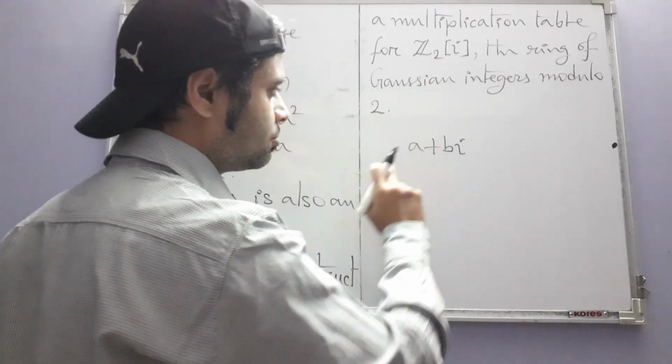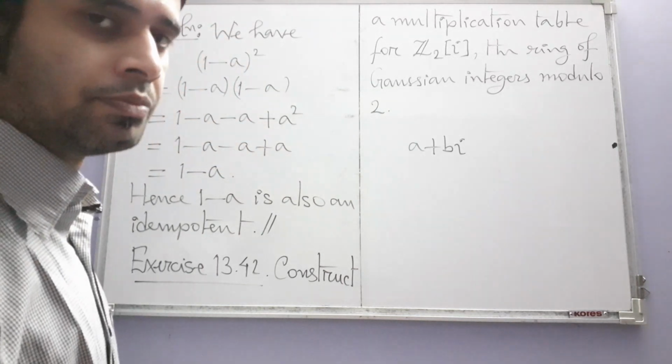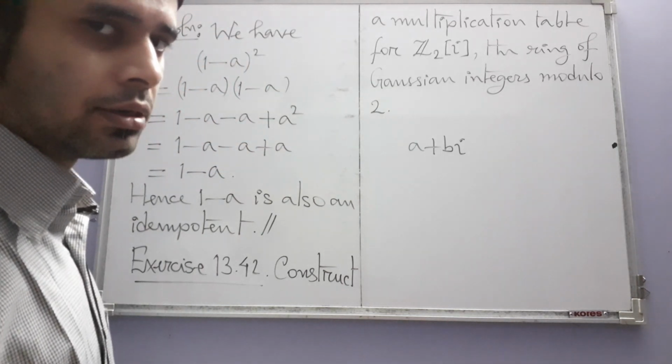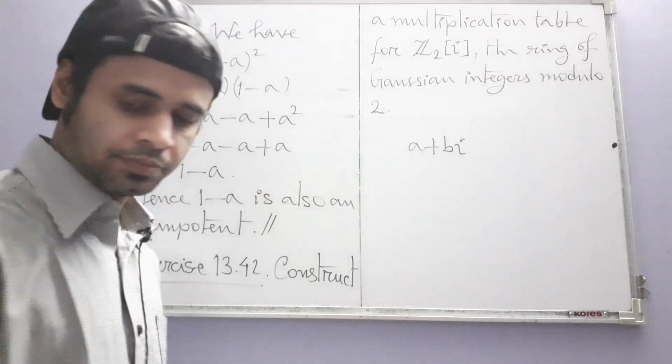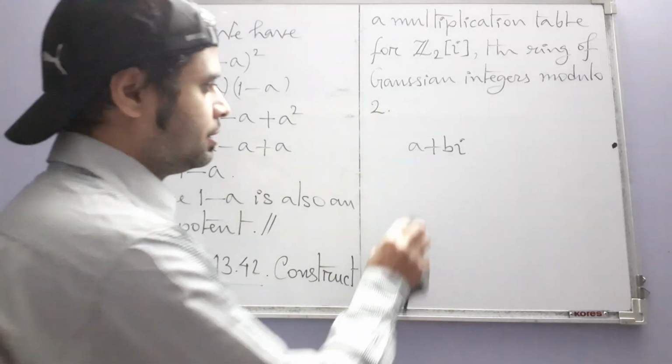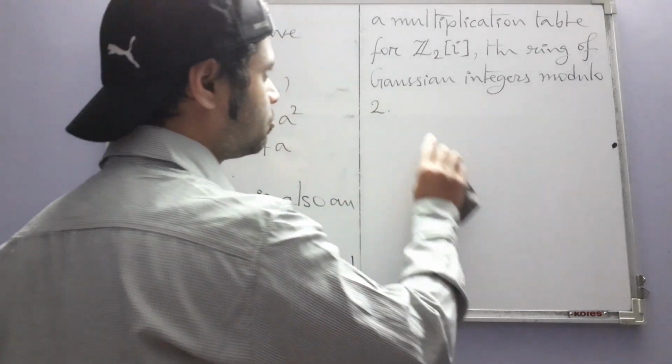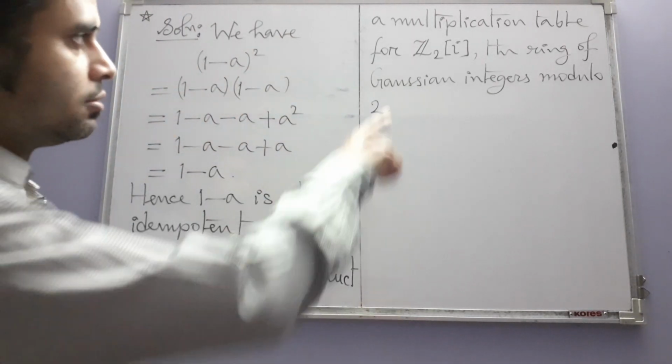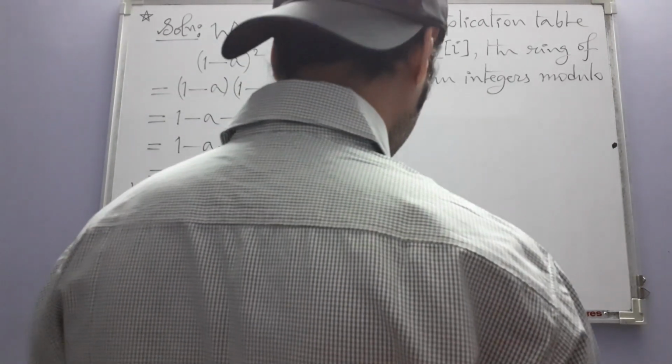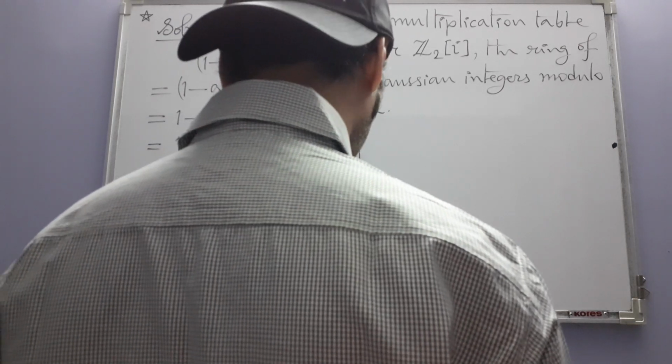So each of these two things, a or b, is going to be either 0 or 1. Accordingly, there will be only 4 elements in this ring, and we have to construct its multiplication table.